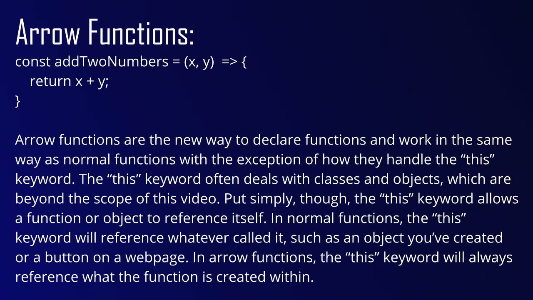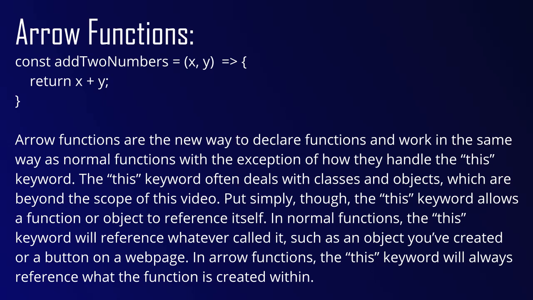Put simply though, the this keyword allows a function or object to reference itself. In normal functions, the this keyword will reference whatever called it, such as an object you've created or a button on a web page. In arrow functions, the this keyword will always reference what the function is created within.